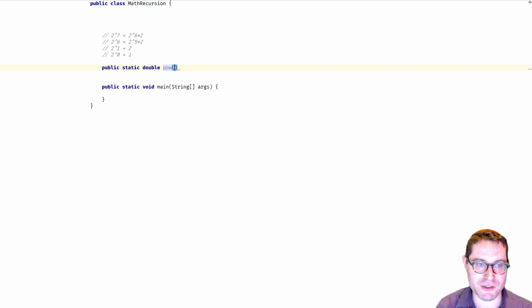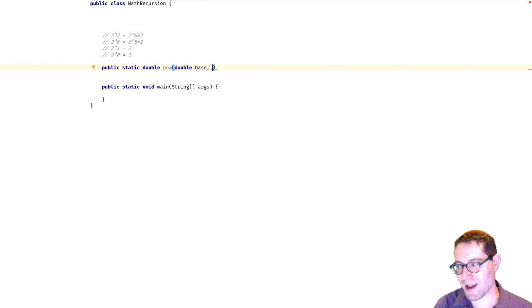Let's create a pow function, and it will take in any base we want, double base, and we're not going to figure out how to deal with raising to weird powers like to the 2.5 power. We'll leave that for somebody else to do.